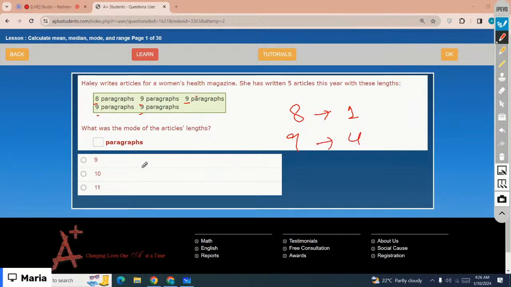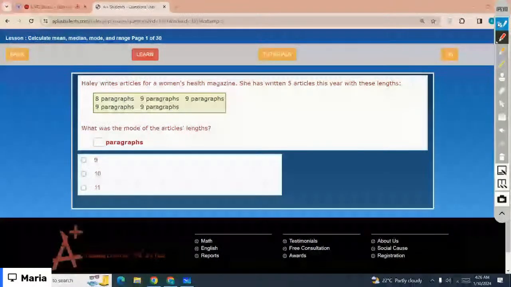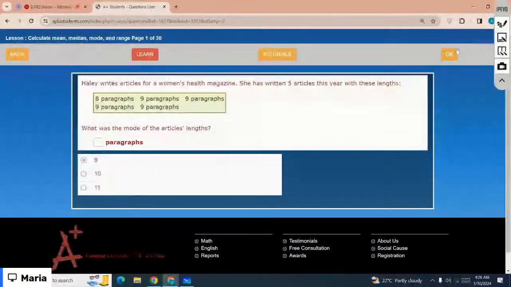So the mode value is 9 because 9 is the number that appears the most in the given data. Got it? The correct option is 9. So here 9 appears four times. So the mode of the given data is 9. Got it?